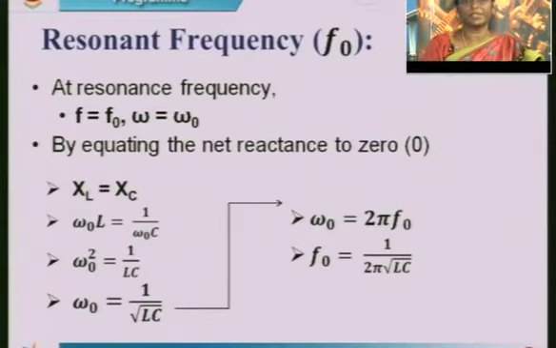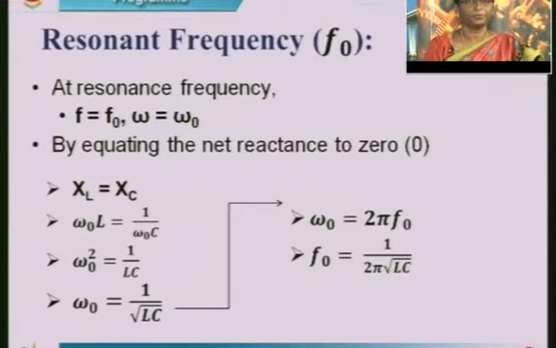The last two equations are, at resonance, omega naught equal to 2 pi f naught radians and f naught equal to 1 by 2 pi root LC hertz. This is the resonance frequency for the series resonance circuit, one of the important expressions for solving problems. So, you have to remember this.